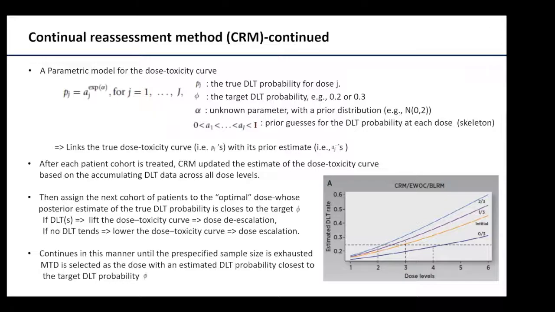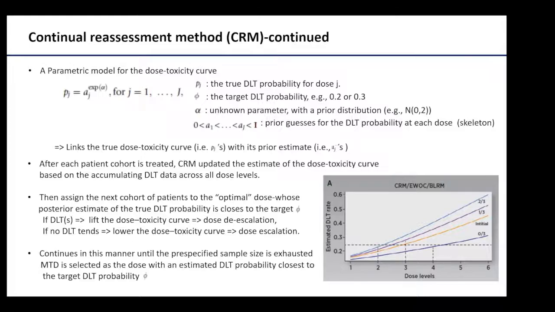You can see a_1, a_2, a_3, the initial guesses, pretty much define the skeleton, the black solid curve in the last slide. Here is alpha. Alpha is an unknown parameter. It just controls the relationship between the true DLT probability and the initial guess. So they use this equation, this model, to link the true dose toxicity curve with its prior estimate.